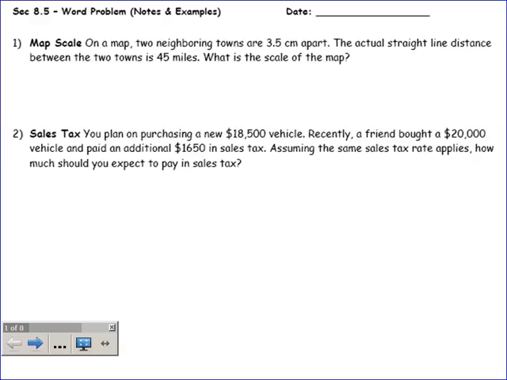Right, so we talk about 3.5 centimeters. We're going to write the ratio of that to 45 miles. Well, mine says 3.5 centimeters. Hold on to that, you'll use it later.